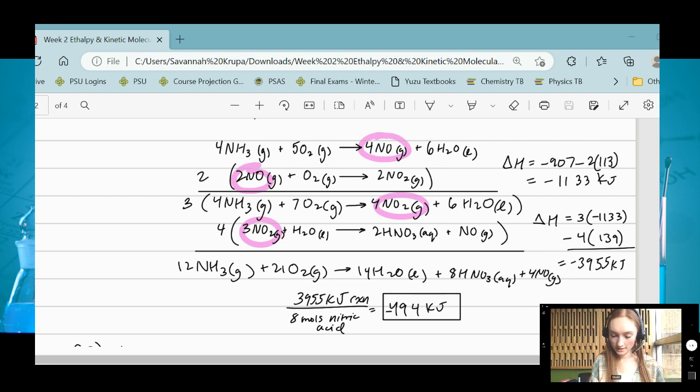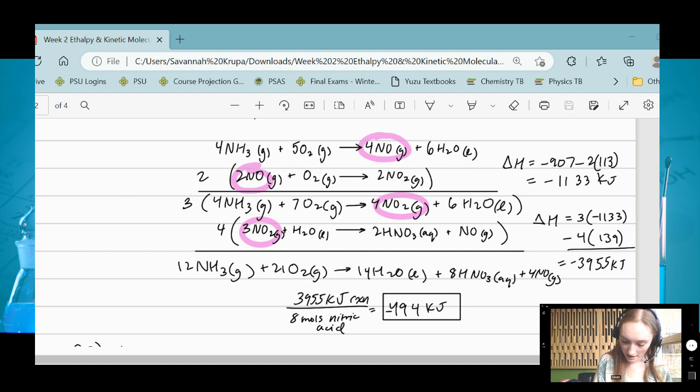And so that is the entire reaction for the nitric acid, but this amount of energy is for 8 moles, so we will need to find it for 1 mole. So we need to divide that total energy by 8.